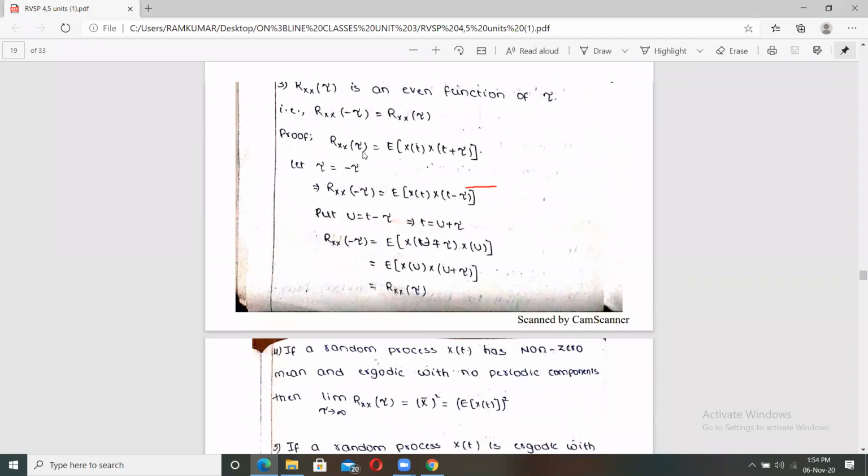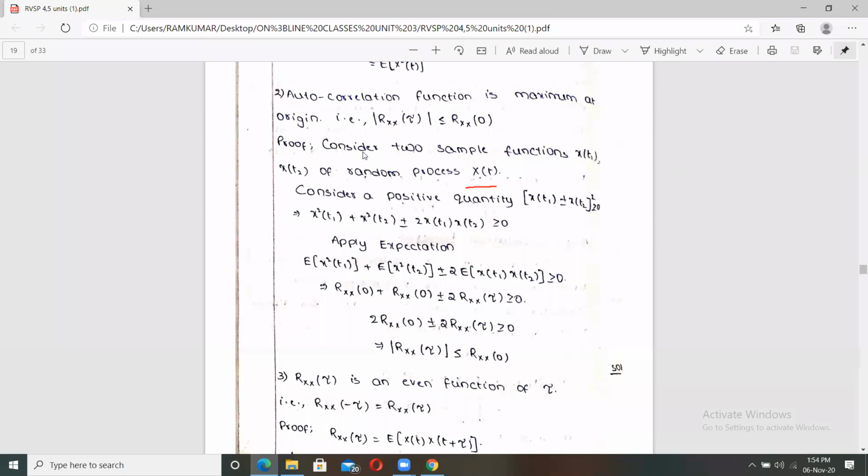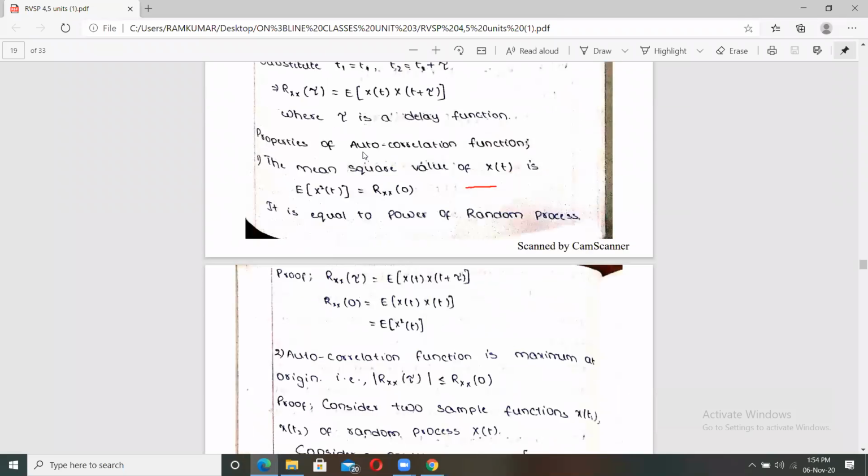All of you observe the difference between these properties. E of x of t whole square here, and E of x of t whole square here for limit tau tends to infinity. Here, E of x square of t is the mean square value, which is equal to R of 0.